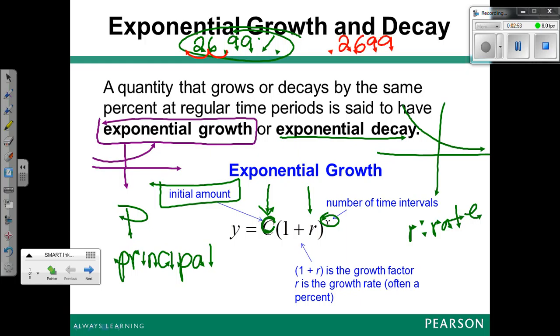If you have 20%, as a decimal it will be 0.20. Now, if your interest rate is 2%, please don't confuse that with 0.20. What would that be, guys? 0.02, okay? So be very careful about those.